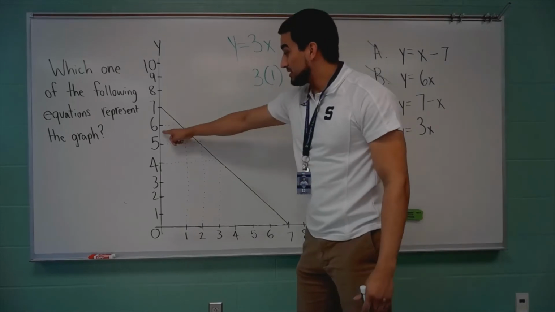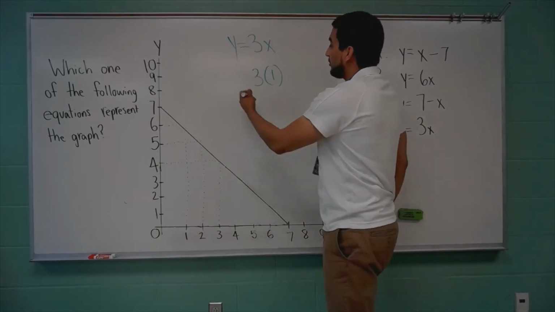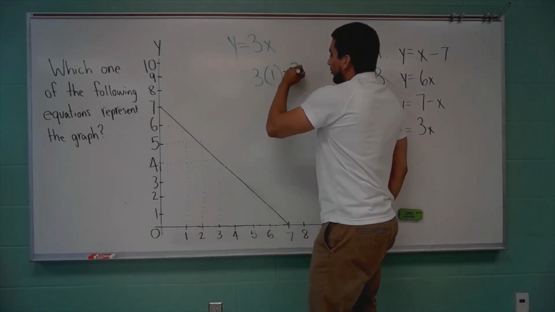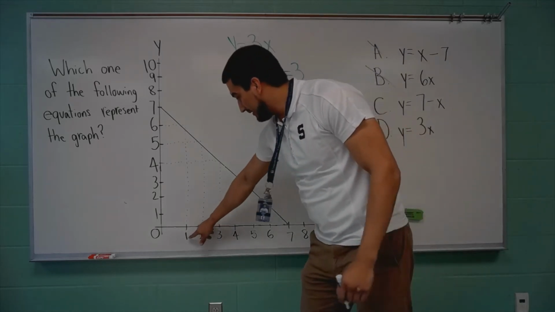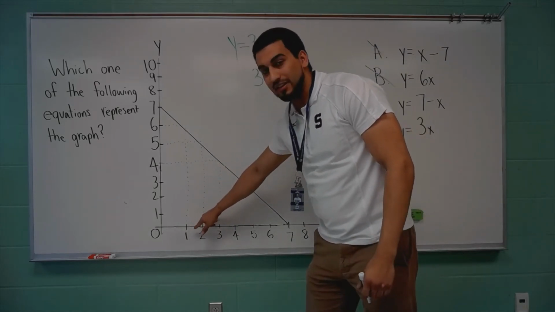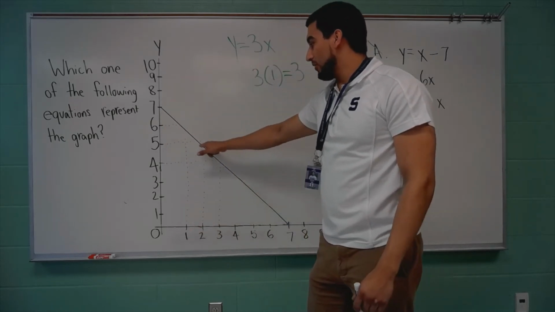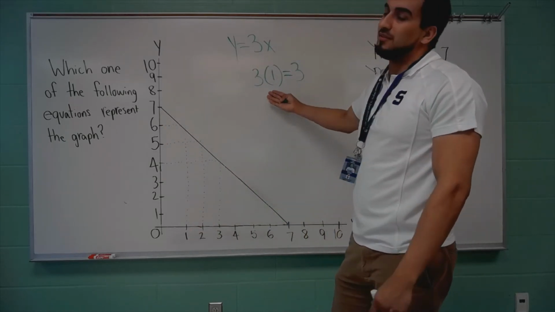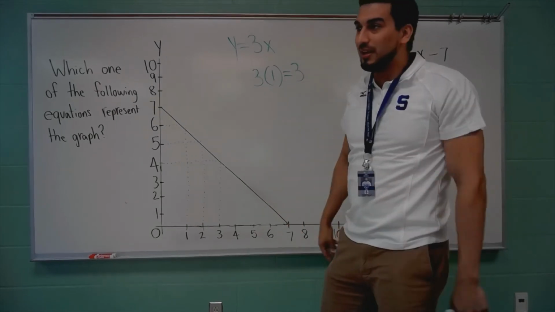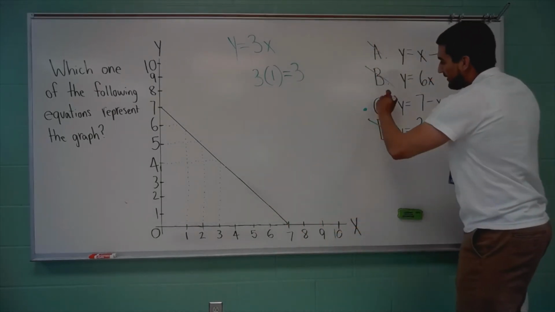This should equal 6. 3 times 1 equals 3. So technically, that's obviously incorrect because we have 1 for x, 6 for y according to our graph. So we can say D is incorrect. The only one that was working was C.